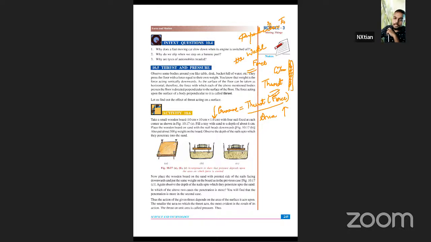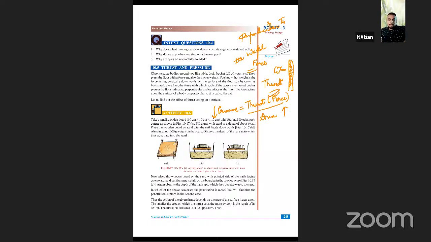Understood? Yes or no? We'll take one more example. You know the camel? The camel is called the ship of the desert. The camel's leg won't go inside the sand. If I stand there, I can't walk easily in the sand. But a camel can easily walk because its legs will not go inside the sand.